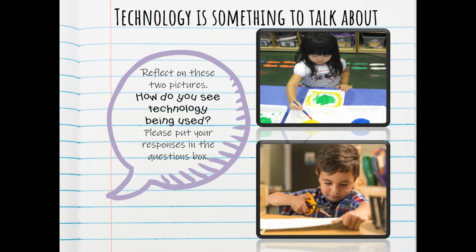And in the picture below that one, we see a child using scissors to cut paper. So how do you see technology being used in either or both? You can respond in the questions box for both pictures, or you can choose one and respond.